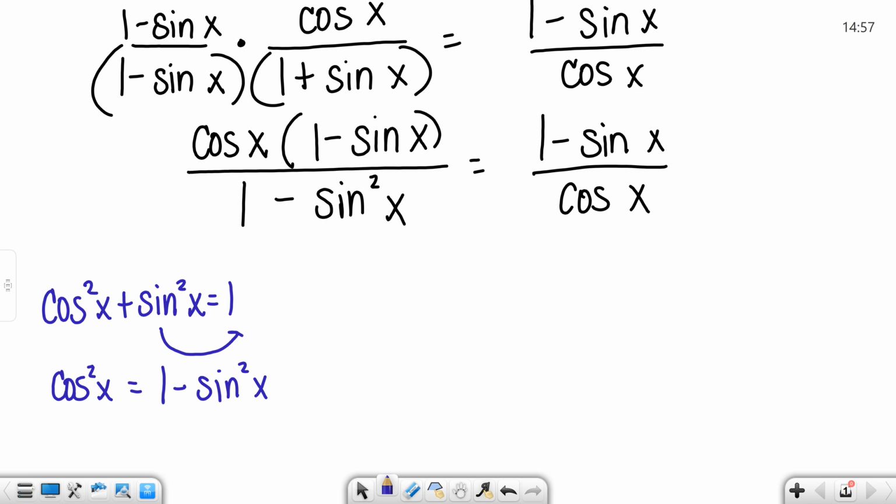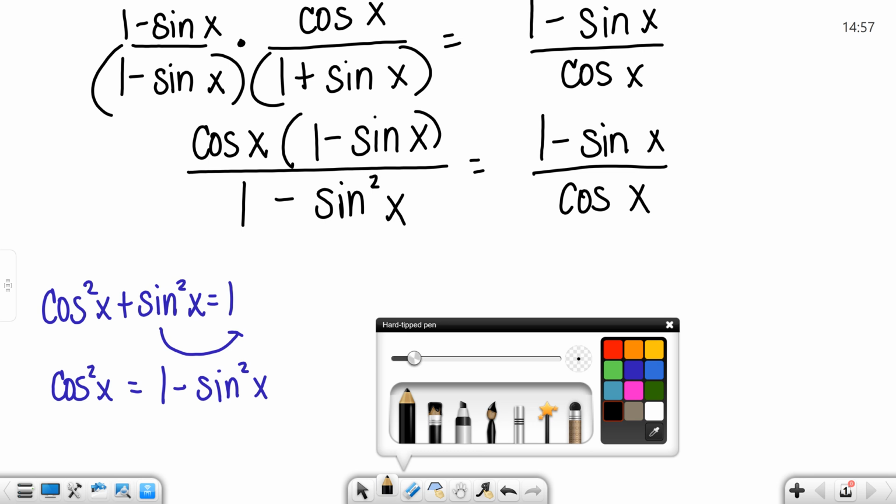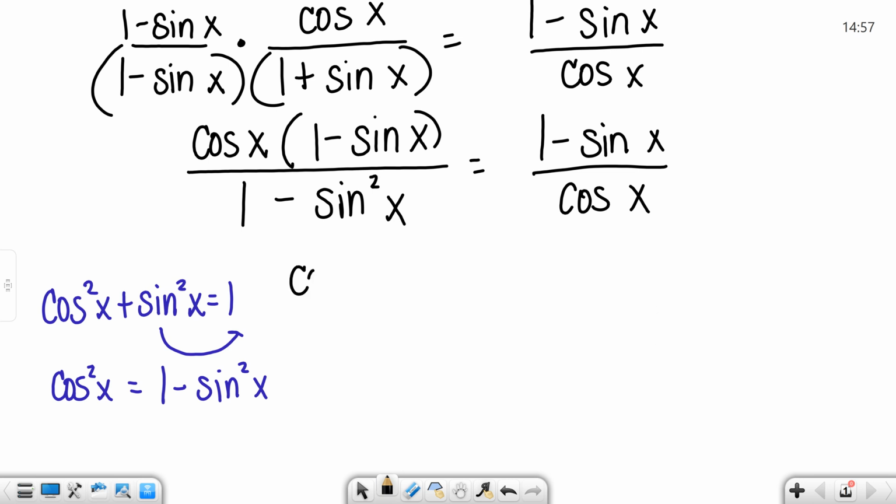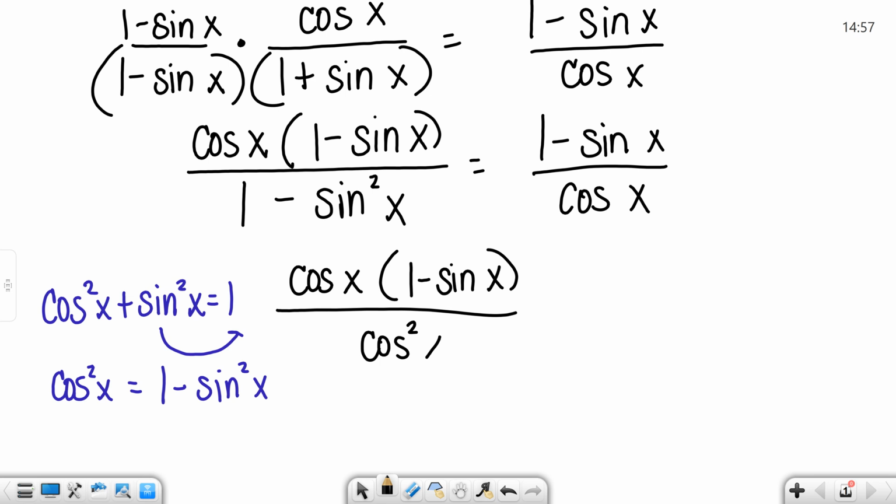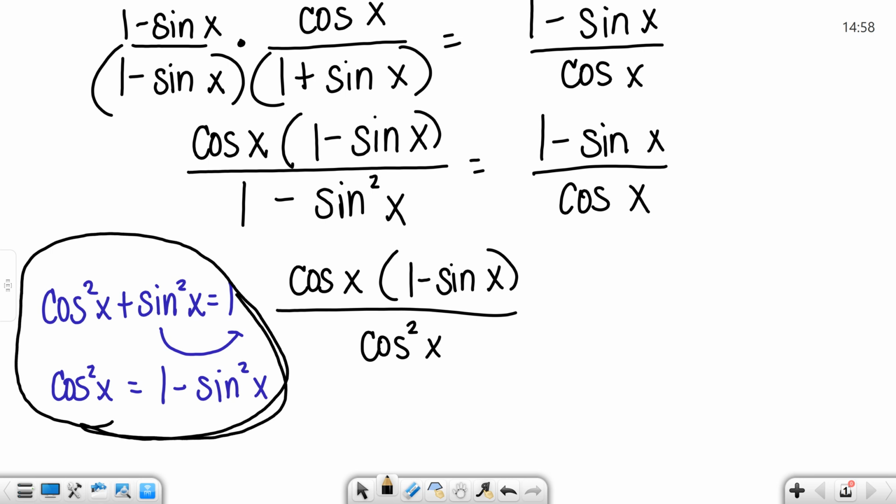It says 1 minus sine squared. So I am going to replace that denominator with cosine squared x. And the reason I can do that is because of what I wrote over here. We used our Pythagorean identity. 1 minus sine squared is cosine squared. My right-hand side just comes down.